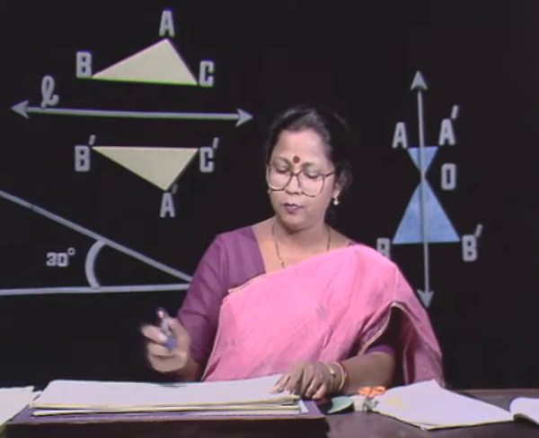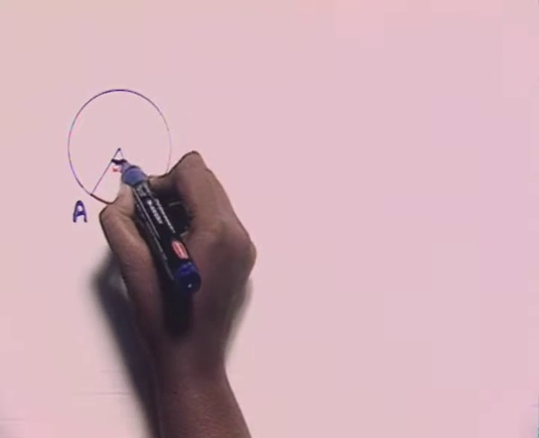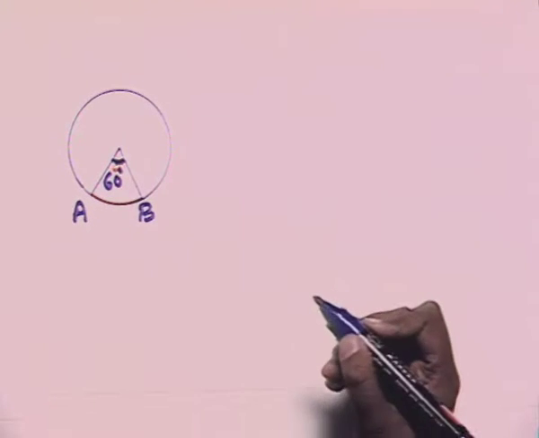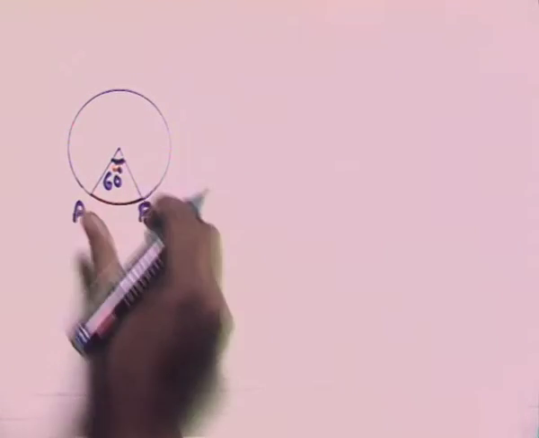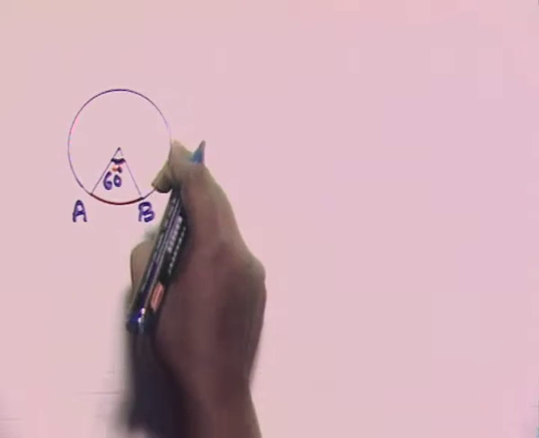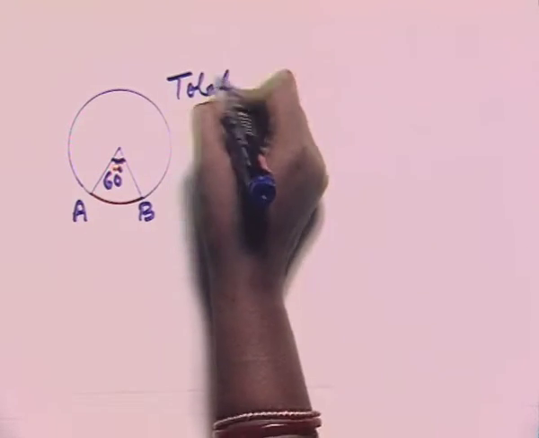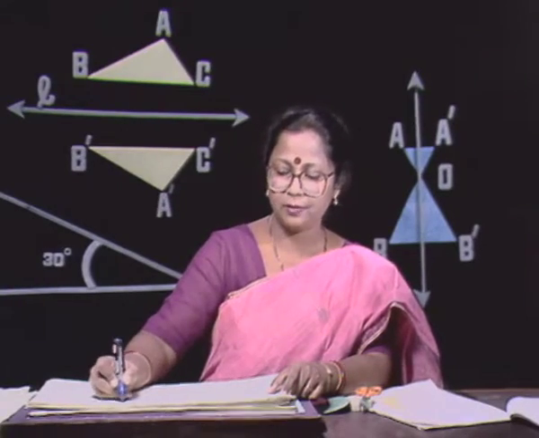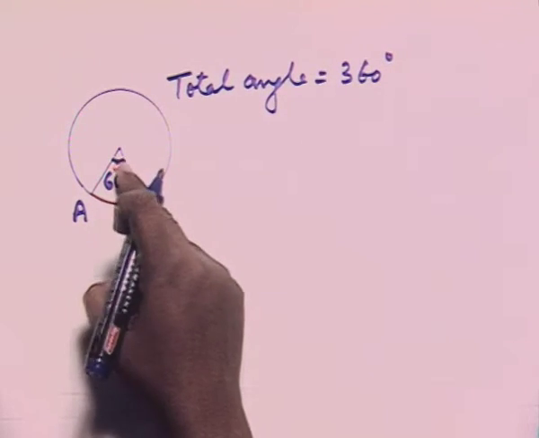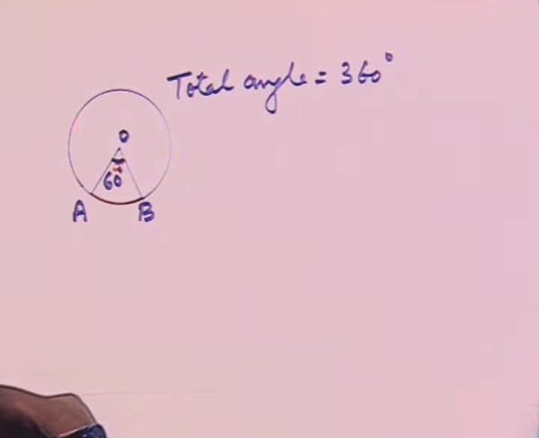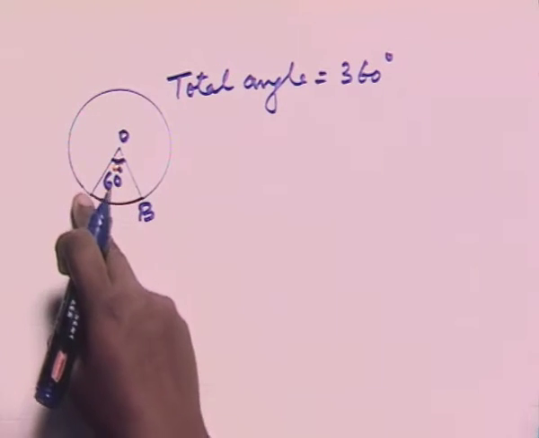Can you tell what will be the length of this arc AB, which is making an angle of 60 degree at the center? Think what part of the whole circle is this arc. The total angle subtended by the whole circle at the center is equal to 360 degree, and this arc AB is subtending an angle of 60 degree at the center O. That means the arc AB is 1/6 of the whole circle.